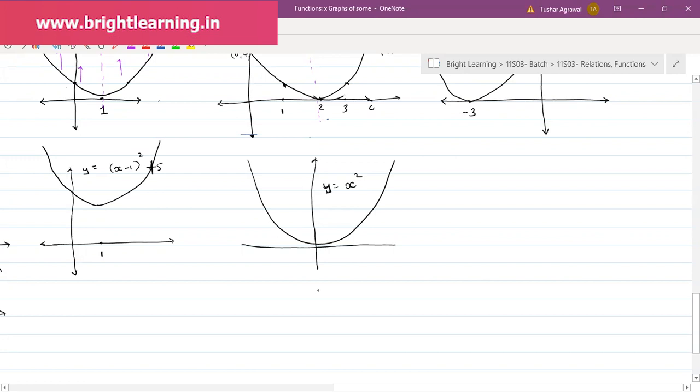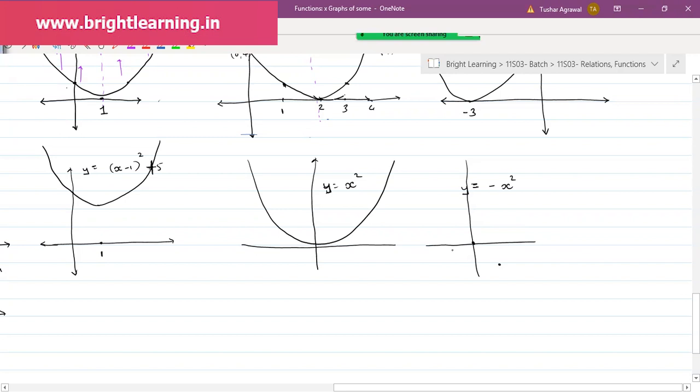Can you tell me the graph of y equals x square with a negative sign, that is minus of x square? I'm not saying minus x whole square, but minus of x square. It should be easy to see that for x equal to 0, y is 0. For x equal to 1, initially we were plotting x square, that is 1. Now we take the square, that is 1, with a negative sign.